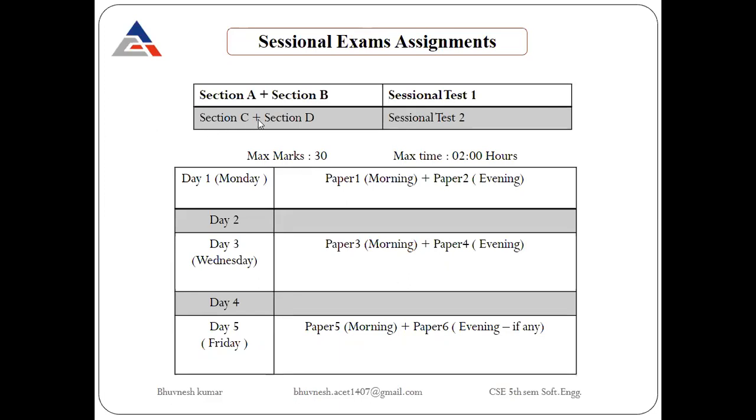Then section C and section D, that is part 3 and part 4 combined, make your sessional 2, and sessional 1 and sessional 2 are of maximum marks 30. Okay, and day 1, day 3, day 4 is for your offline concept. This is the offline concept, but nowadays you are going online.